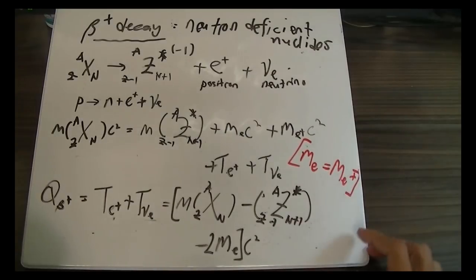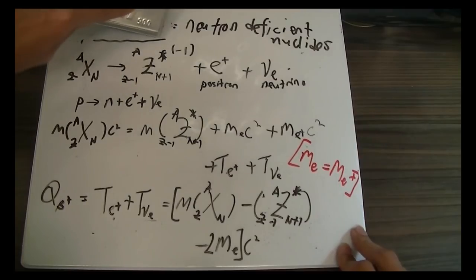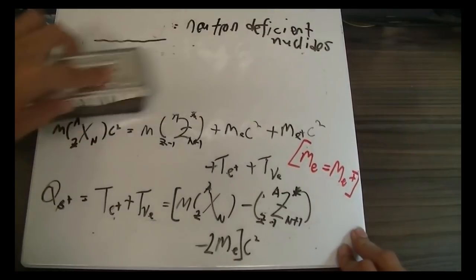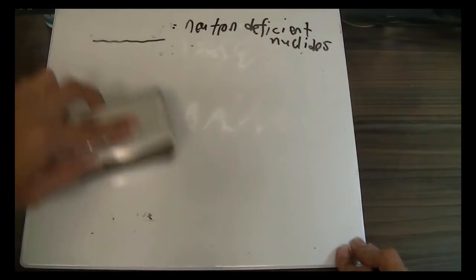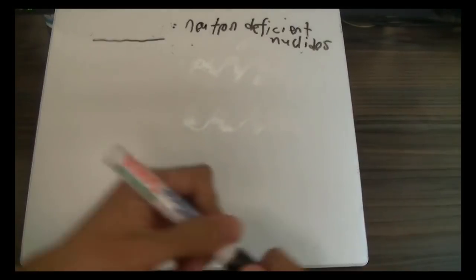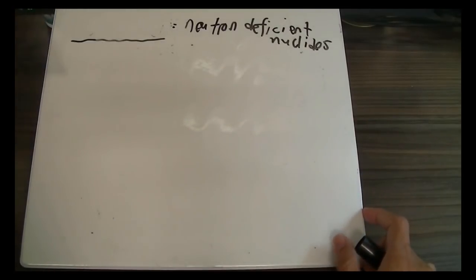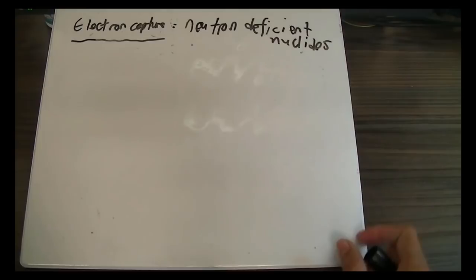So next we are going to look at the electron capture, which is one of the categories of beta decay. And like the beta plus decay, the electron capture also occurs at the neutron deficient nuclides.